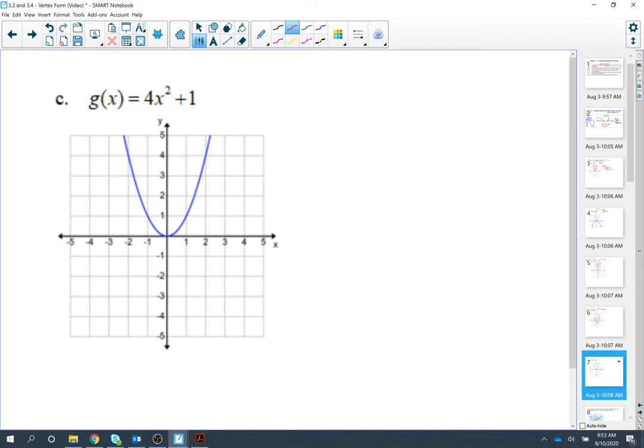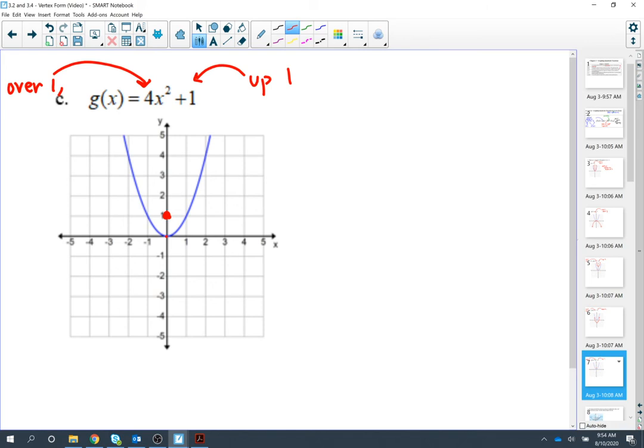Last example for this, letter C, g of x equals 4x squared plus 1. So this time, up 1. So I take my vertex, I move it up 1. Now I'm looking and I'm going, wait a minute, there's a 4. The 4 is my a value, so the a value always goes over 1. Always. That doesn't change. Don't second guess that. But the 4, now it's a positive 4.